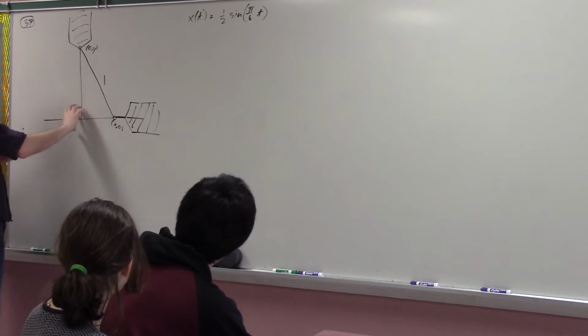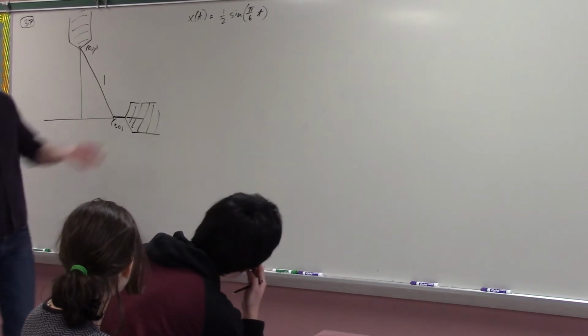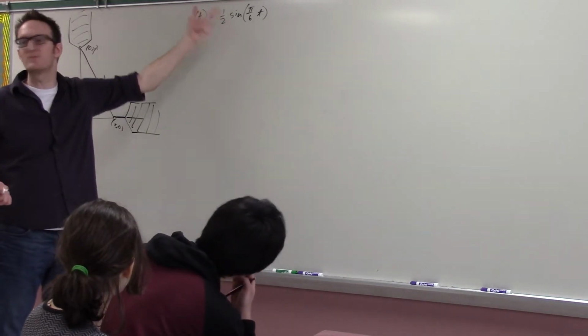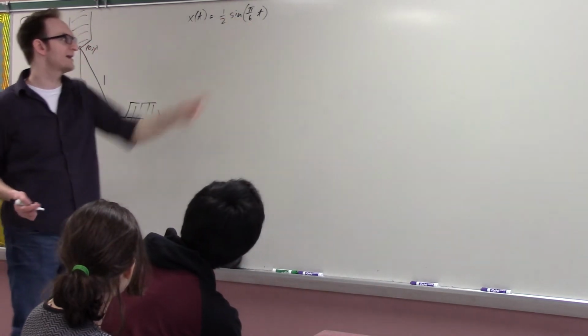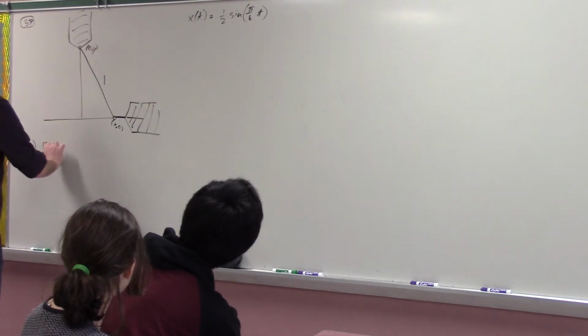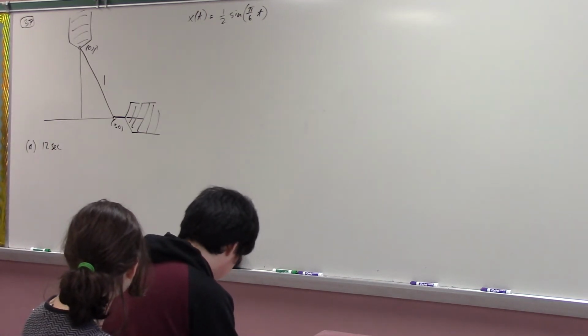So 1 complete cycle of this piston is just that. How long does that take? Well, it's simply the period of this function. And the period, using pre-calc knowledge, is just 2 pi over that number, so it's just 12 seconds. So it takes 12 seconds for this whole thing to repeat. Again, that's just getting you to think about the problem.